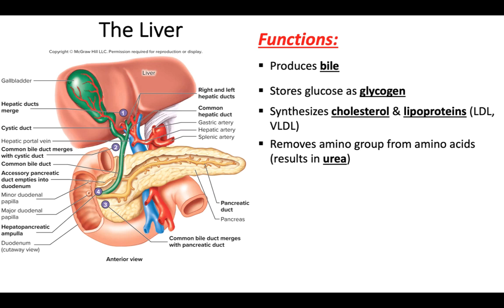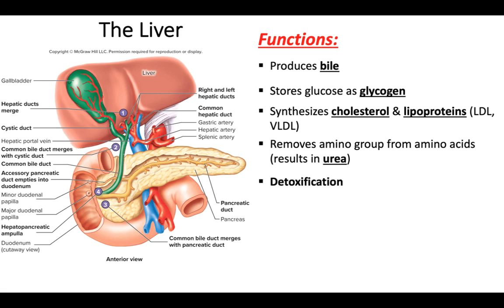So the liver pulls off that amino group, and it gets metabolized into a waste product called urea. Urea is one of these metabolic waste molecules produced by your liver that eventually has to be excreted. We excrete most of that in our urine, so that's a really main component of your urine.